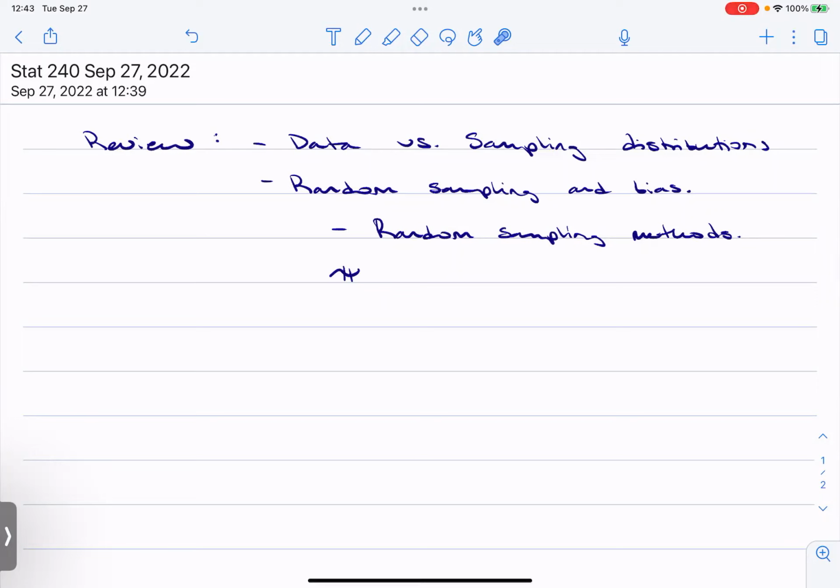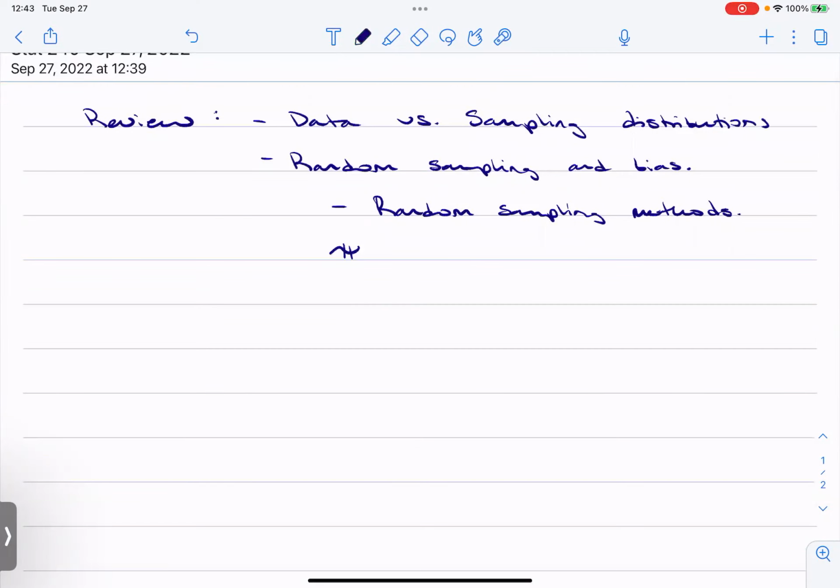And all these things that we want to learn about rely on knowing the sampling distribution. So how can I summarize all of that?